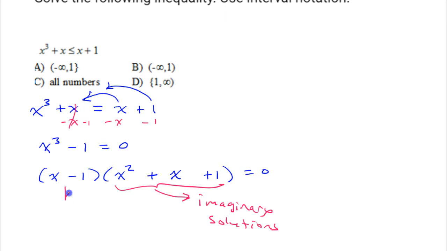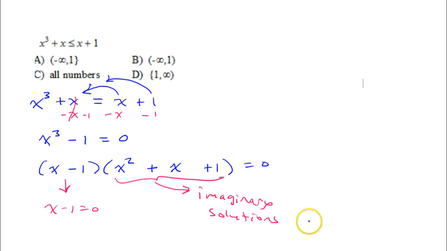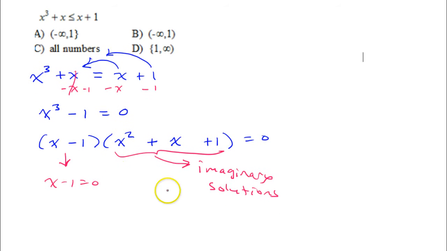So it's really just all about setting x minus 1 equal to 0. We really don't need to go through the process of this won't factor. We'd have to do the quadratic formula. We get imaginary solutions. So don't waste your time. Setting this equal to 0 gives us x equals 1. So this is our only border point.